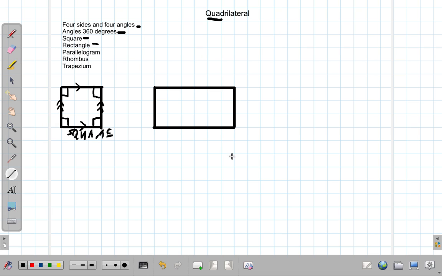Alright, so what we have here is our rectangle. Now, the opposite sides are equal in length. So this at the top and this at the bottom, they are equal in length. This on the left and this on the right, they are equal in length.